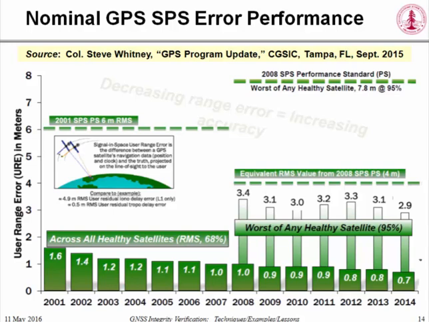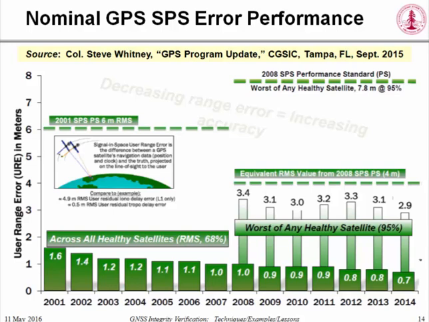It had already decreased substantially from IOC. And you can see how it decreased significantly down to 1 meter by 2007. And again, this is when the OCS update occurred. Since then, the system's been relatively mature, and this further improvement just comes mostly from retiring old satellites.